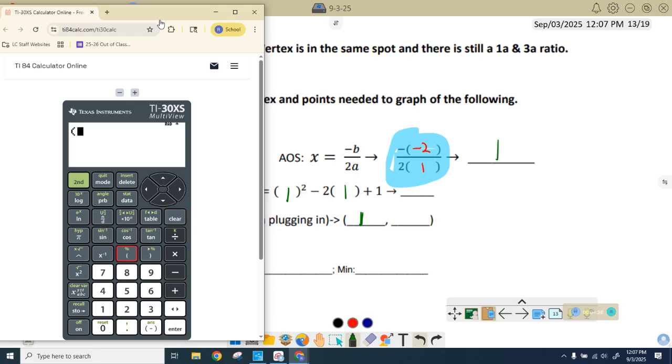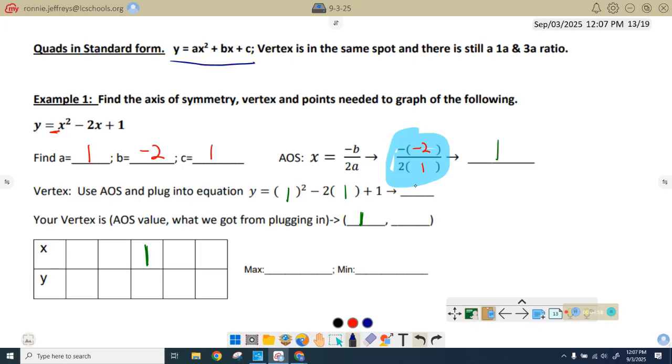So parenthesis 1 parenthesis squared minus 2 parenthesis 1 plus 1. All right, so we get 0. That is the y value for that.